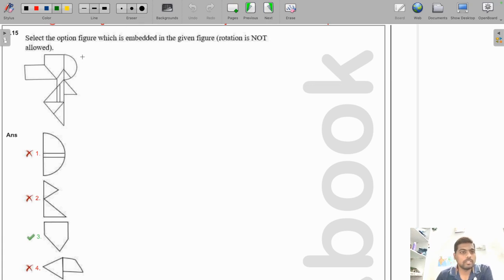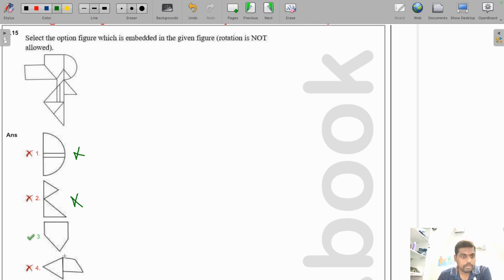The next question is again the same, they are asking which of the following is embedded in the given figure. If you see here, this is not possible, we can clearly observe, and this is also not possible. So we are left with two options.